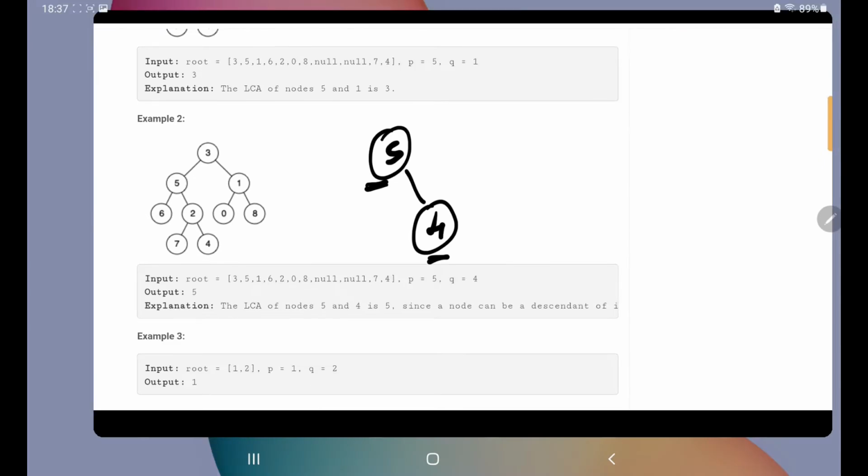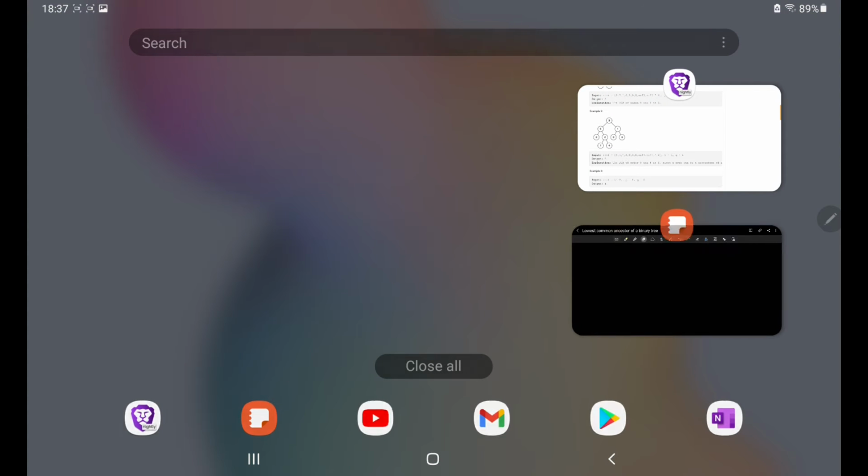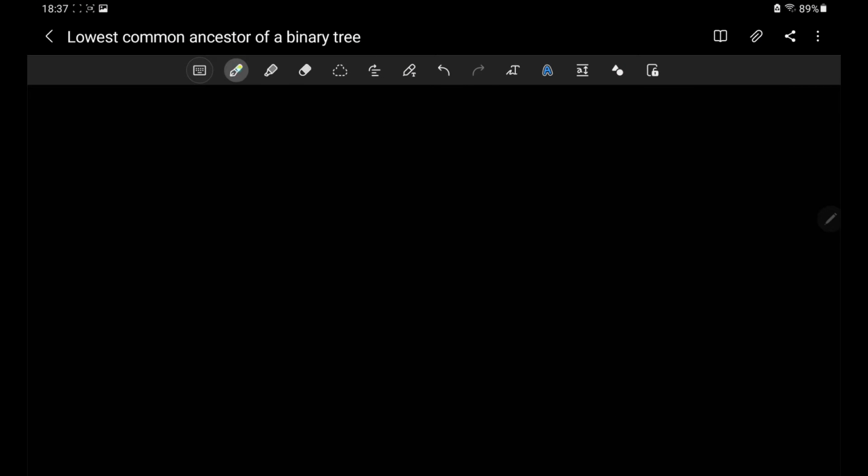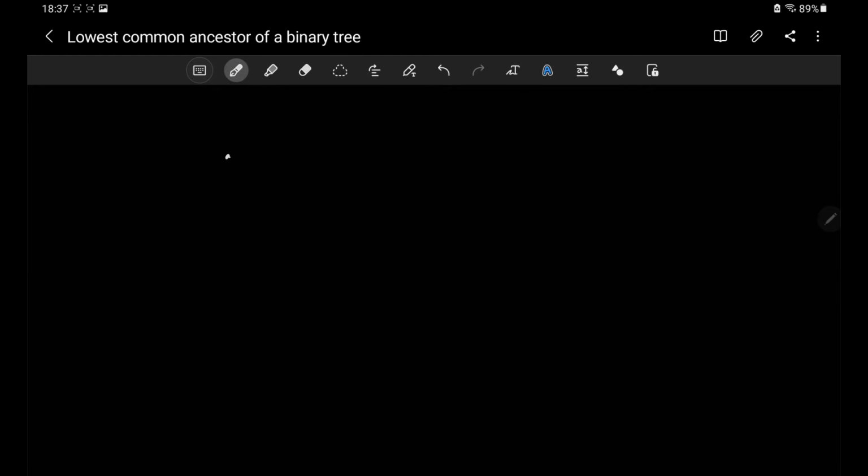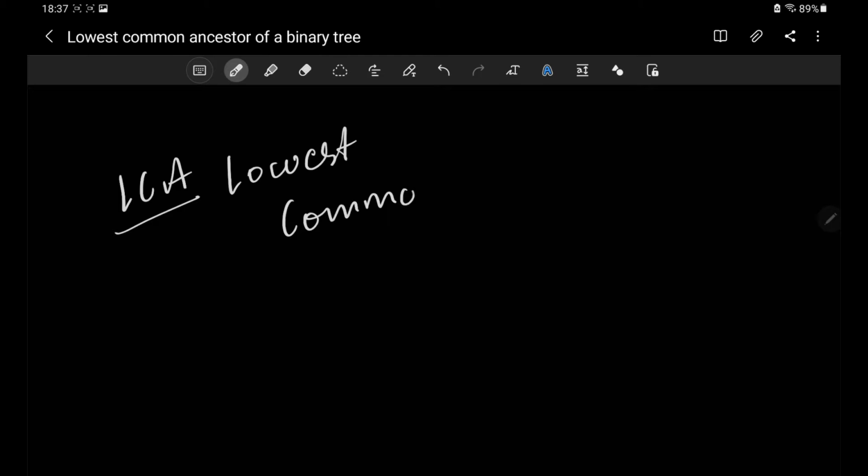So let's visualize this problem a bit. We are finding the LCA, which is the lowest common ancestor. There are three parts to this phrase.